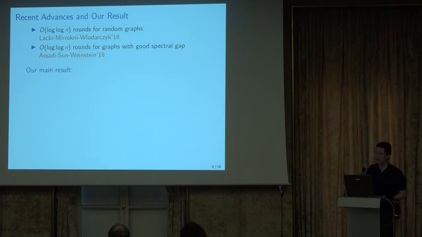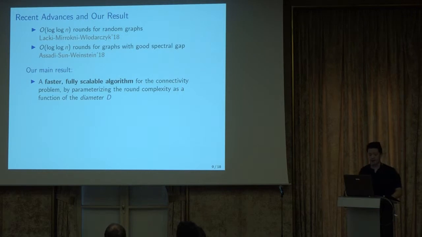Here we state our main results. We give a faster, fully scalable algorithm for the connectivity problem. We bypass the conjectured log n lower bound by parameterizing the round complexity as a function of the diameter d. Here, the diameter is the largest diameter among all of its connected components.